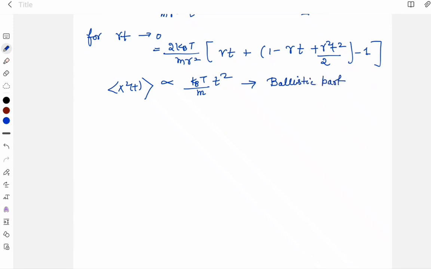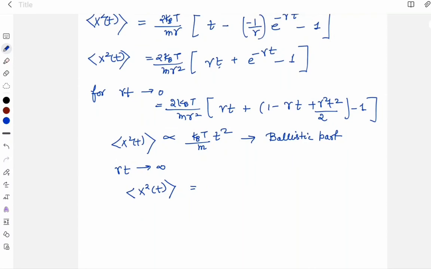So initially it has some ballistic kind of motion, and in the limit γt tending to infinity, the exponential term will be 0, and eventually the dominating term will be the one linear in time. So we will have 2kBT over mγ times t.